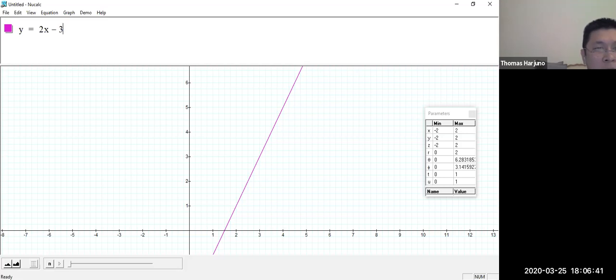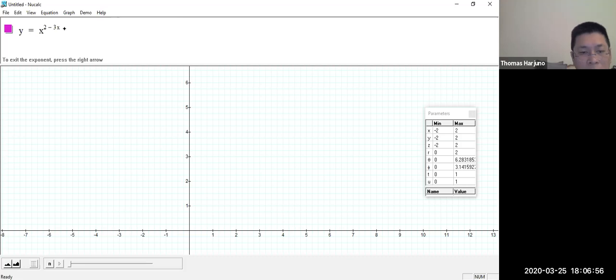Now you see, linear functions, as we know, have no turning points. Then, what happens if I change this to be x squared minus 3x plus 7.